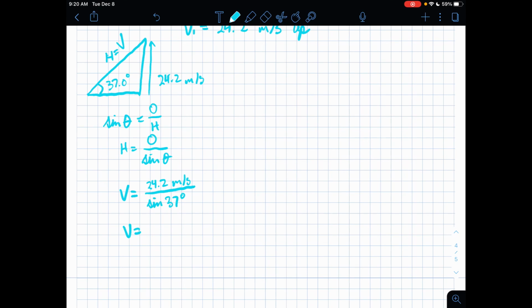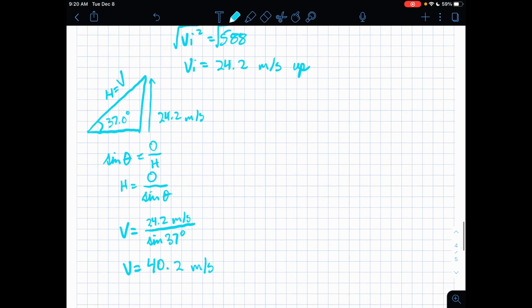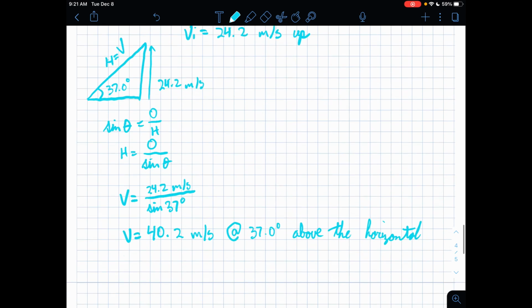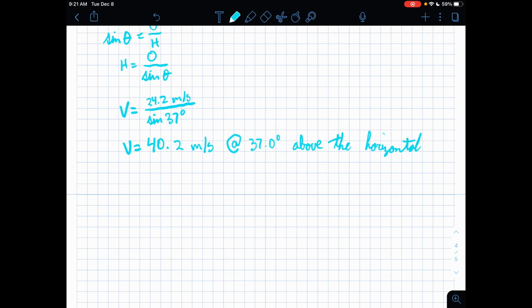And if you were to put that into your calculator, the answer you would get is, there we go, 40.2 meters per second at 37.0 degrees above the horizontal. And that would be your final answer.